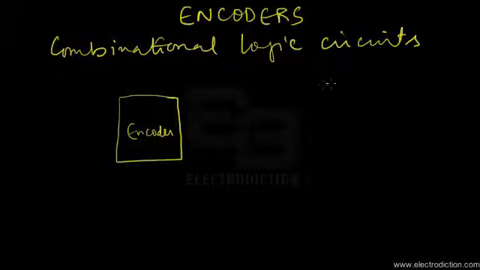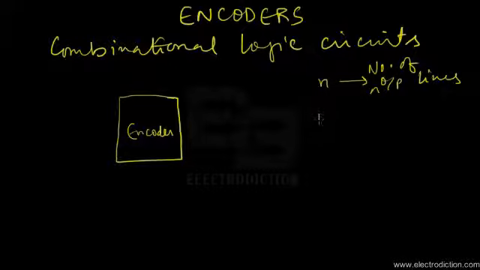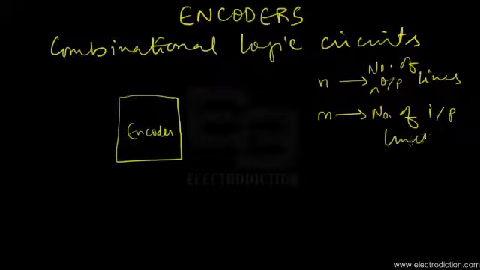Let's say n represents the number of output lines in the encoder under discussion, and m represents the number of input lines.